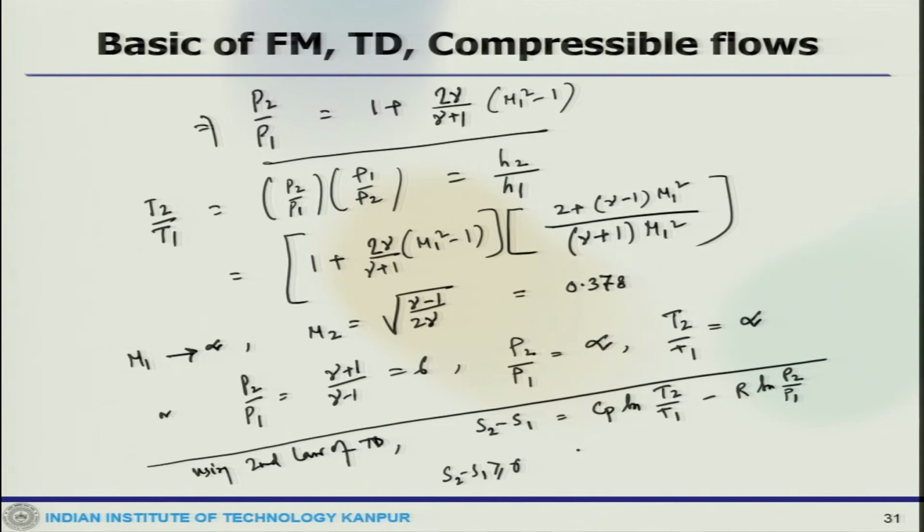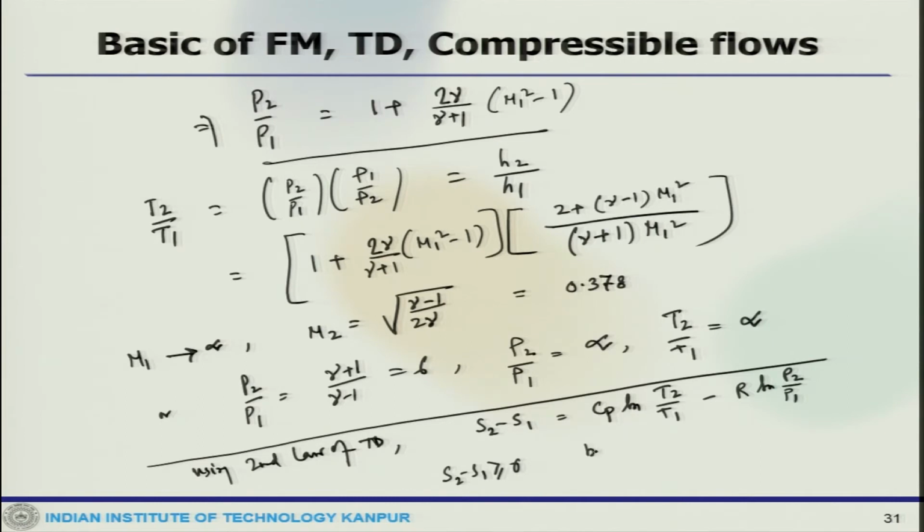Now, what we can do, let us say if T 2 equals T 1 and P 2 equals P 1, then this becomes 0.